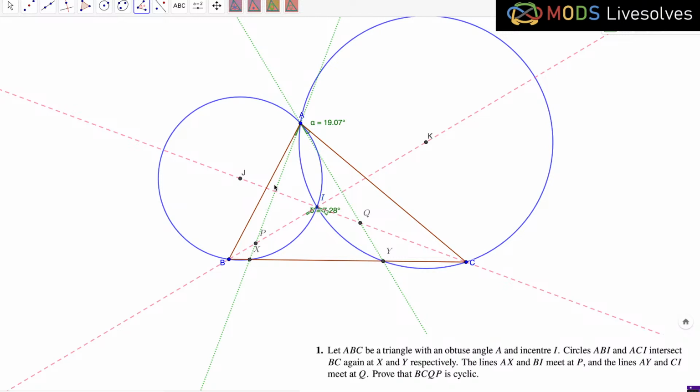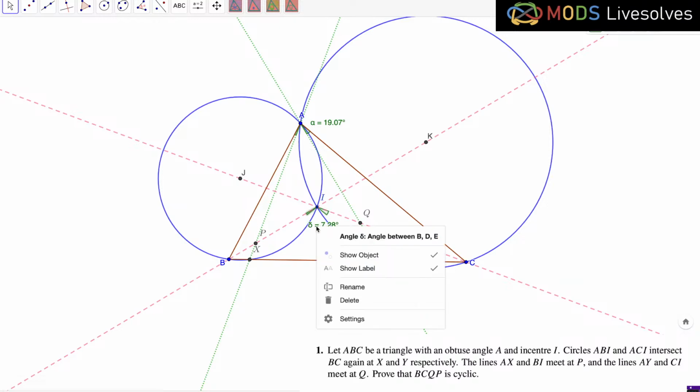Because we're claiming it's the orthocenter, that means that PQA is 180 minus PIA.